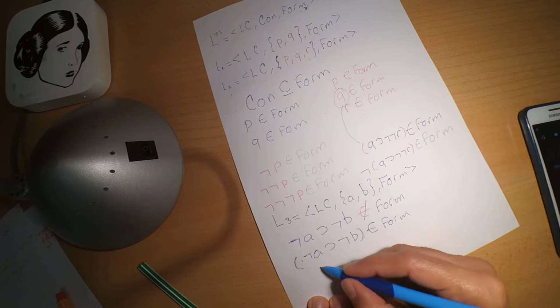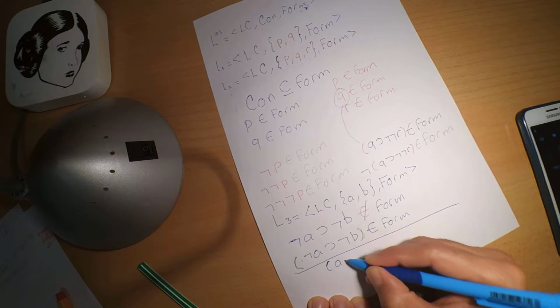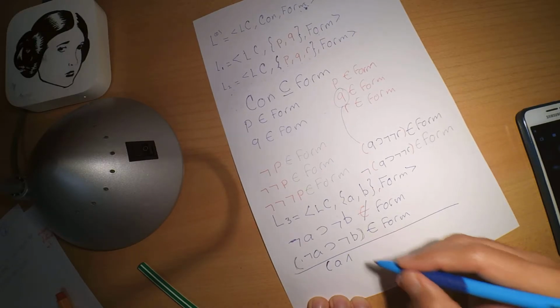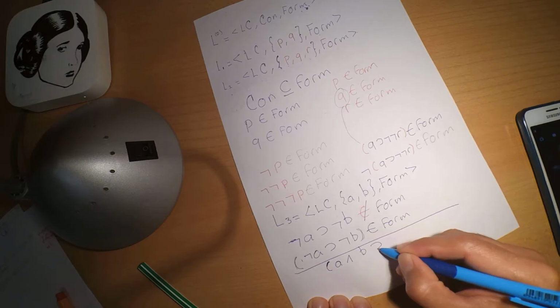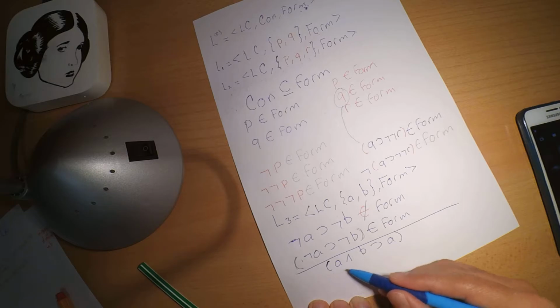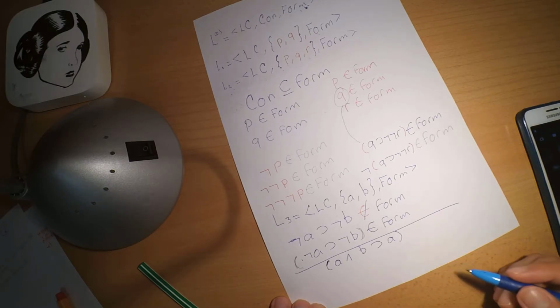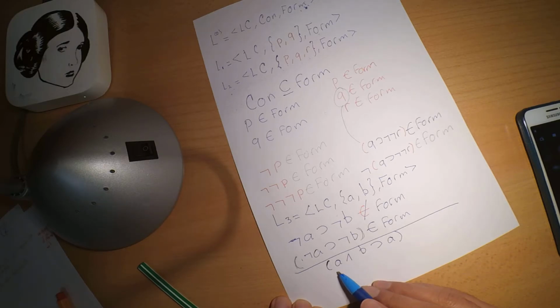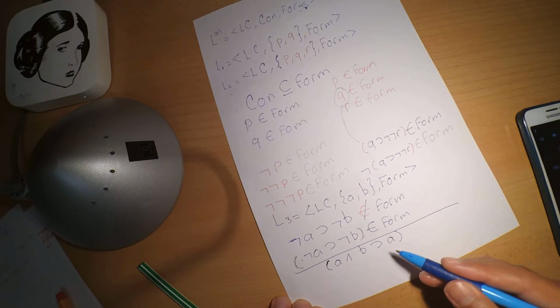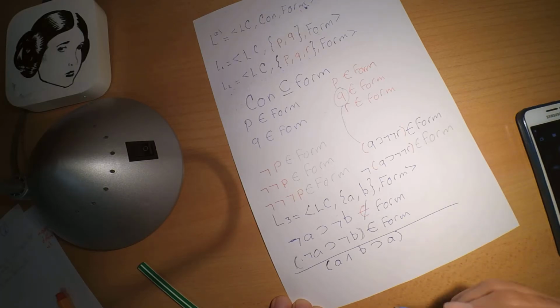One last example. Let's say we put A conjunction B implication A. My question is, is this a correct formula? How can you know whether this is a formula or not? Well, it's really difficult, because where can we start to make the direct subformulas? Let's try.